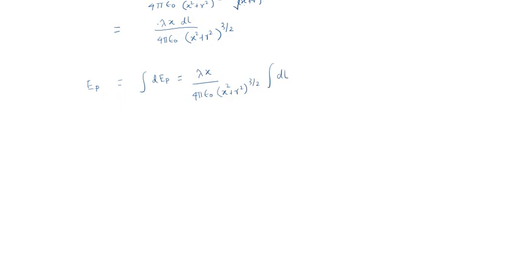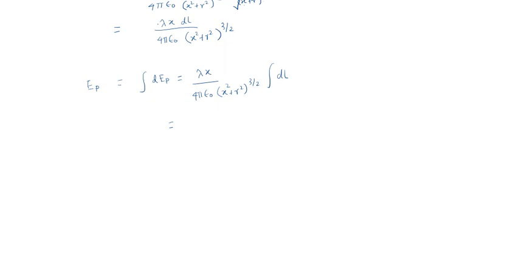Now integration of dl will only give us what? It will only give us the circumference of the circular loop, because if we go on adding all those dls, we will only get the circumference.